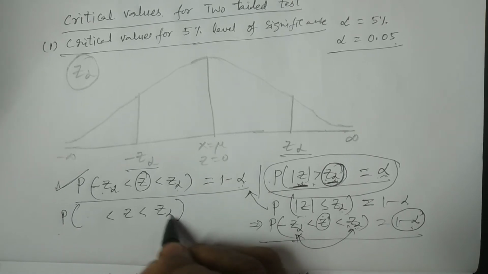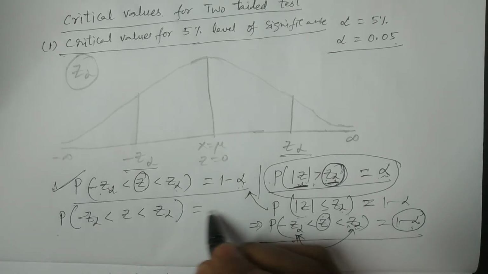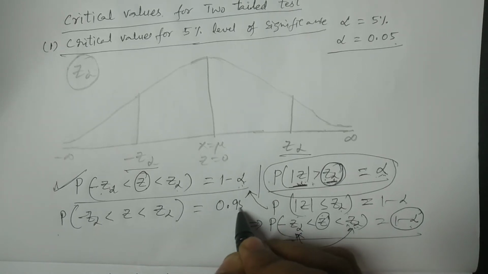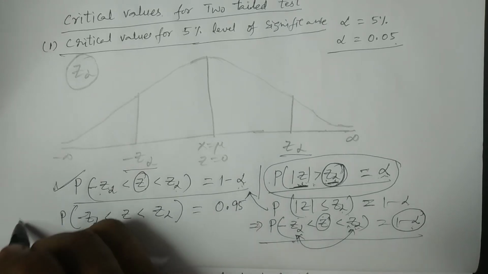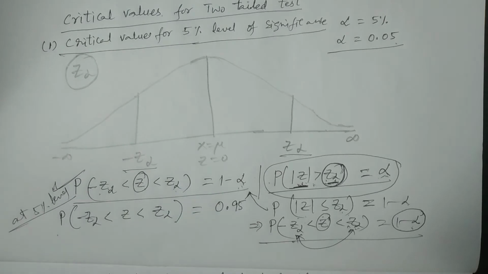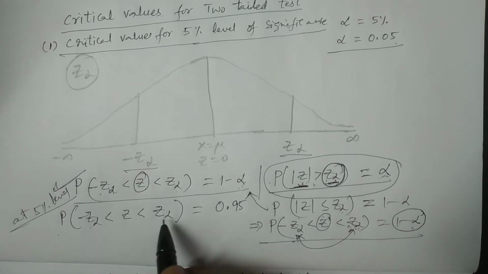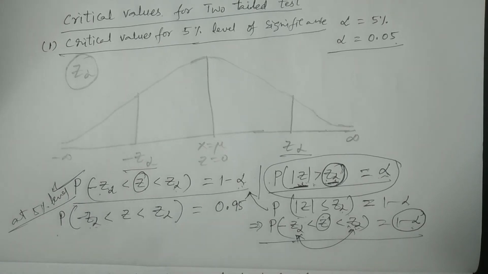I write the values: minus z alpha less than z less than z alpha is equal to 0.95, because this is considered at 5% level of significance. Now you have to calculate this z alpha. This is the question. Now the topic is critical value, that is z alpha.